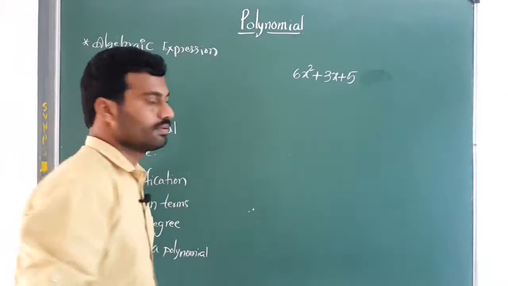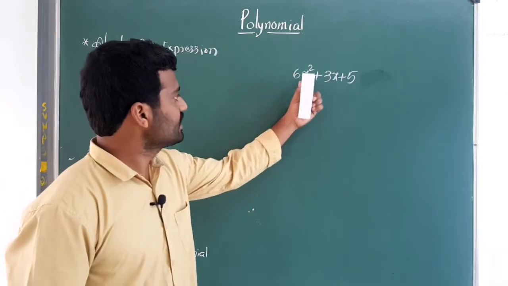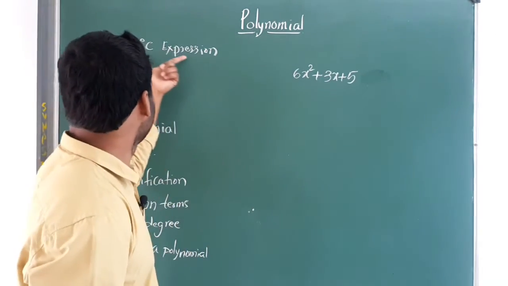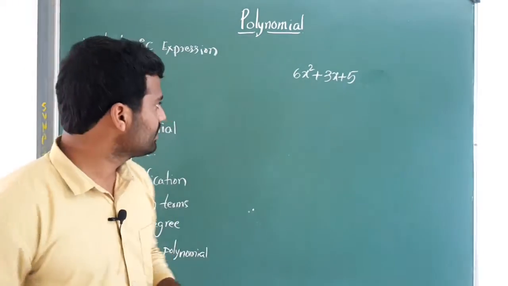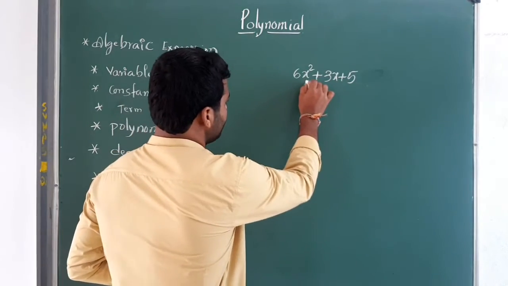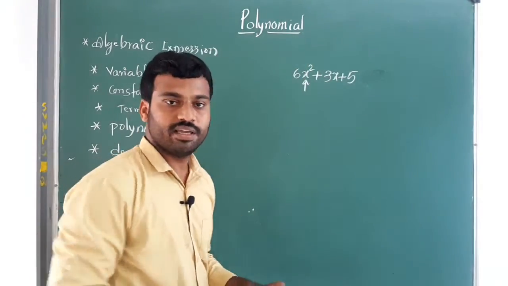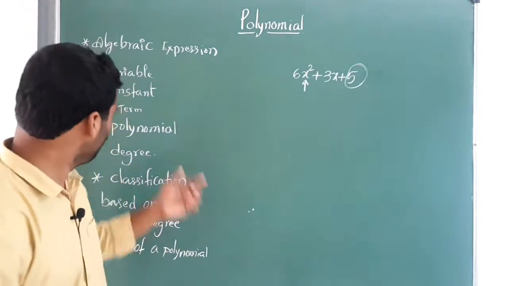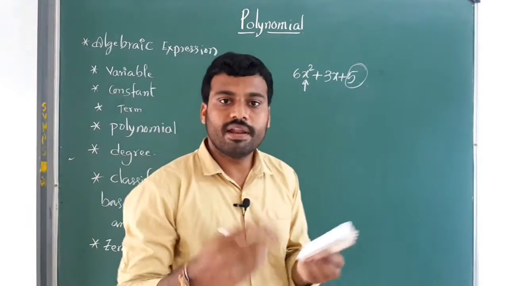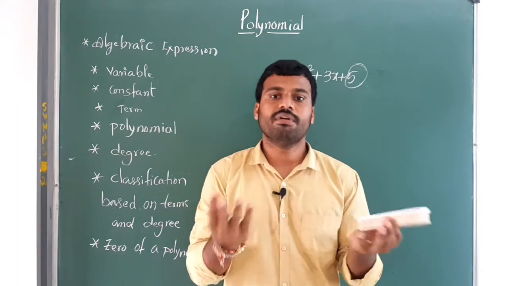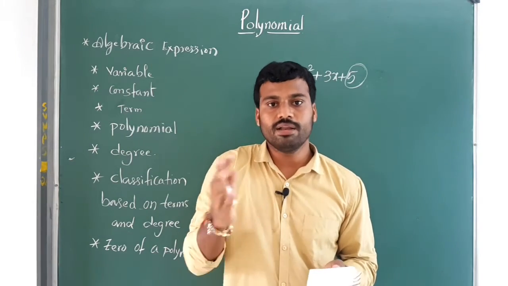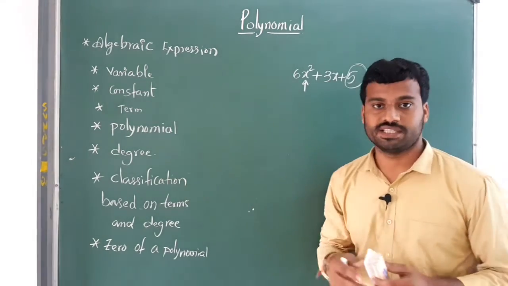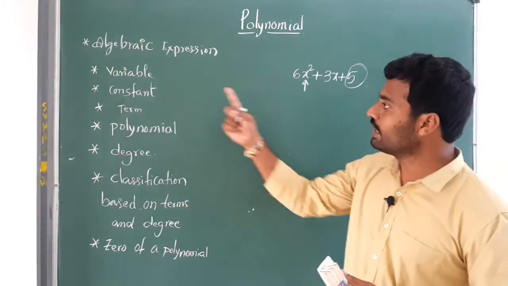First, we take this one: 6x square plus 3x plus 5. It is an algebraic expression. In this, x is the variable and 5 is the constant. What is a variable? A variable is something which can vary, any value which is not fixed. Here the x value is not fixed, so only x is the variable.